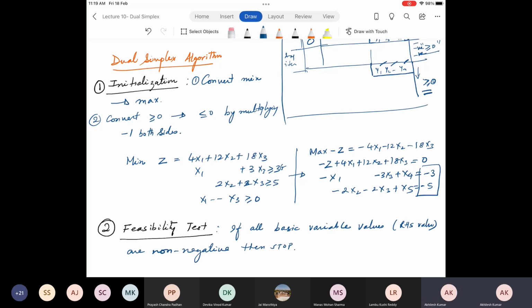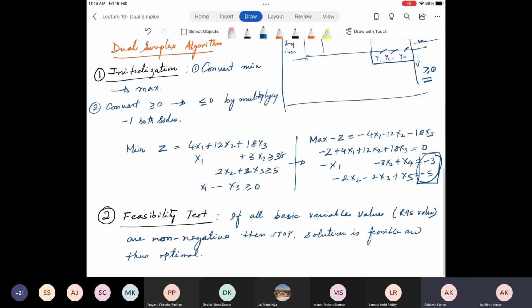The solution is feasible and thus optimal. So now the optimality test has been converted into a feasibility test. All I need to check is whether the right hand side has become positive or not.